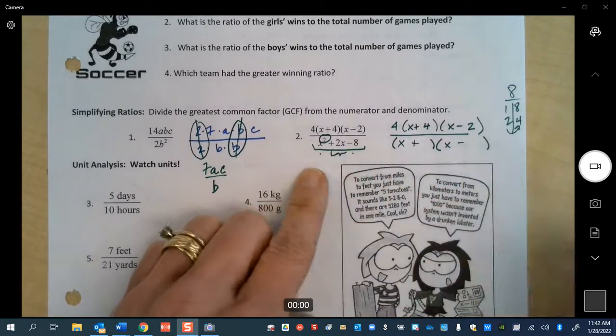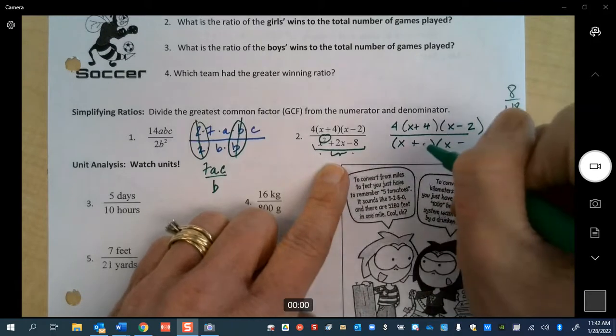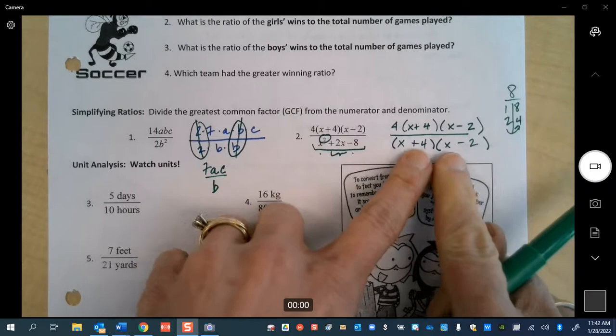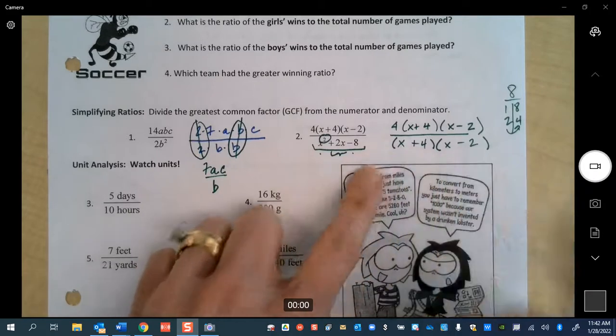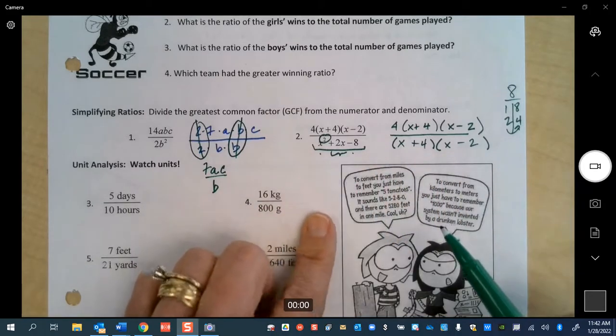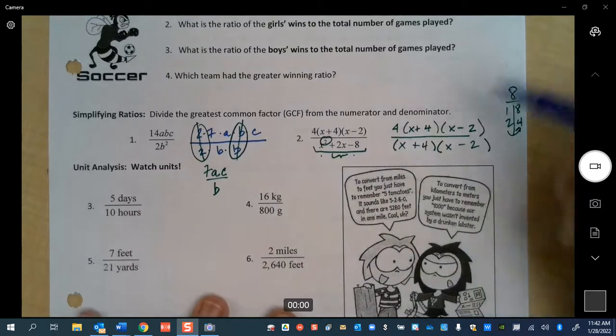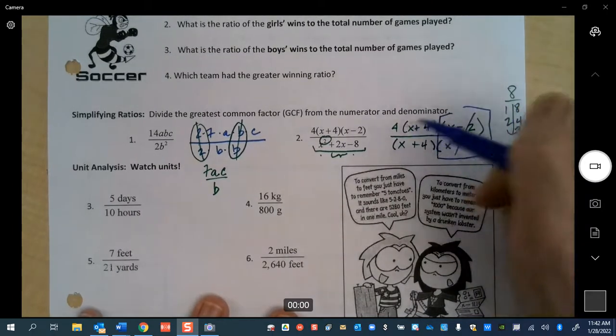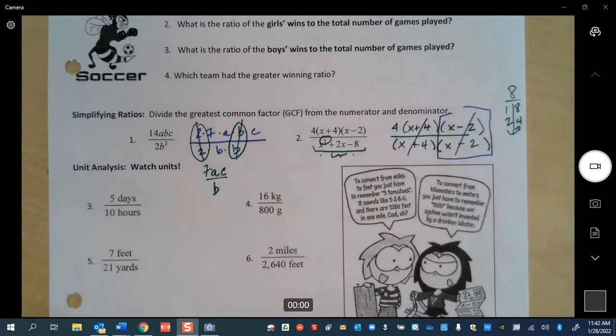This 2x is their sum, so I know my 4 is positive, my 2 is negative because 4x plus negative 2x is positive 2x. What you now notice is I again have factors above and below the fraction bar that are identical and can be canceled out.